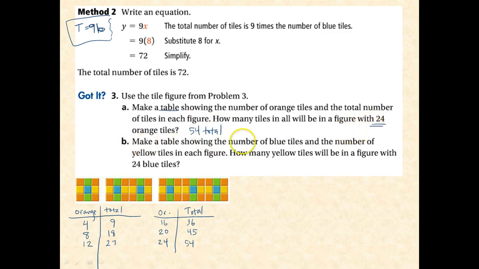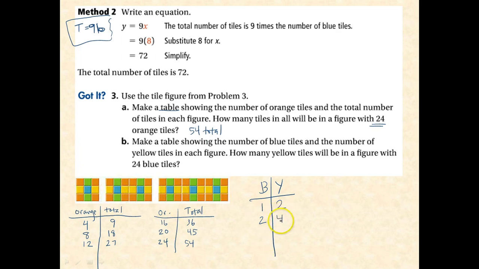So B says make a table showing the number of blue tiles and the number of yellow tiles. So we're going to make a table of blue versus yellow. When there is 1 blue, there are 2 yellows. When there are 2 blues, there are 4 yellows.